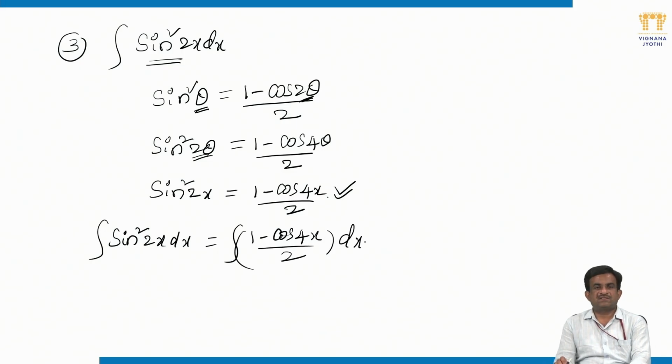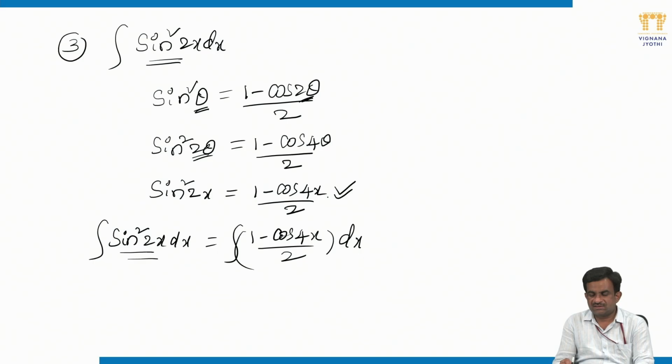Why I am converting sine square 2x in terms of the multiple angle is because directly we don't have the formula for sine square 2x dx. So I am using the conversions here, converting this integral using the multiple angles.